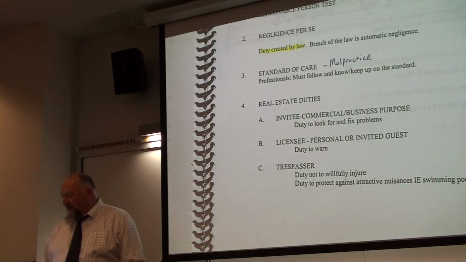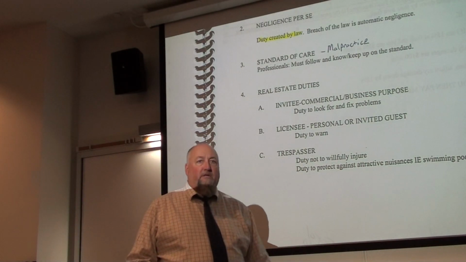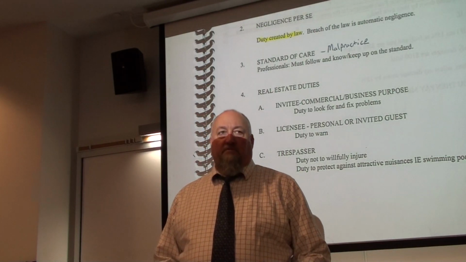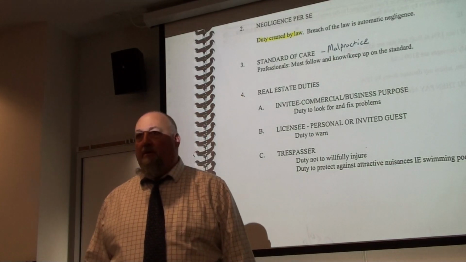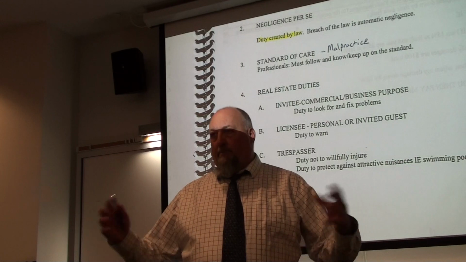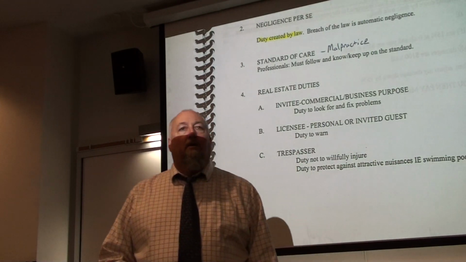All right, next I put on here real estate, number 4, because this is also an area where we see a lot of cases involving negligence. You know, it's the old slip and fall case, like I go into the grocery store and I slip on a banana peel, or water that's on the floor from the produce section, you know how they mist everything down, water gets on the floor.